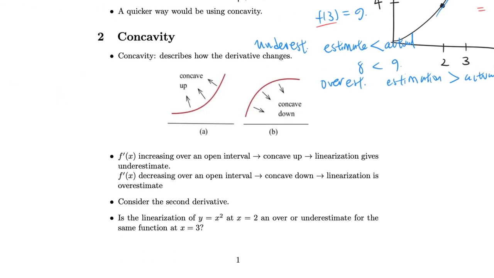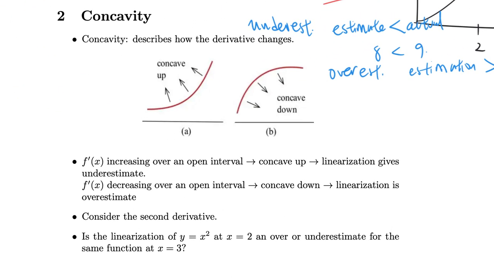Okay, so concavity describes how the derivative changes. You can sort of understand this as the derivative of the derivative, right? Because changing means a sort of derivative. And if you're thinking that, you're already on the right track. So if f prime is increasing over an open interval, let's look at figure 8 right over here, then f prime starts out very flat, let's say 0, and slowly it grows and grows and becomes very large.